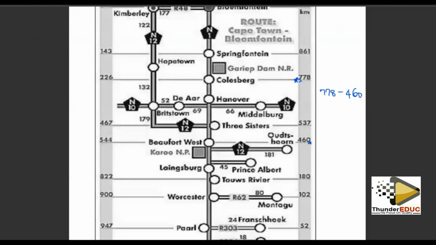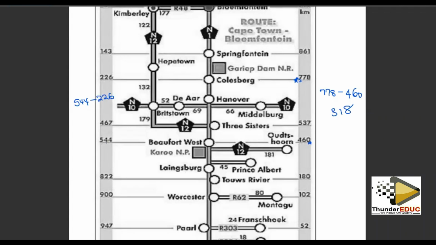The same applies on the other side. Because Beaufort West is on this line, here we shall take 544 minus 266. If you use the left-hand side, 778 minus 460, we have the distance as 318.